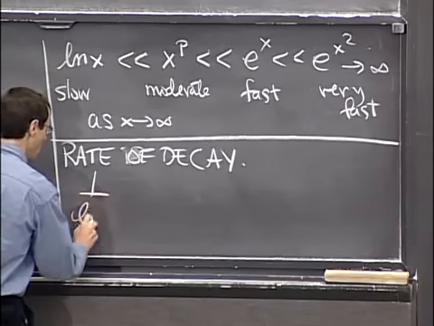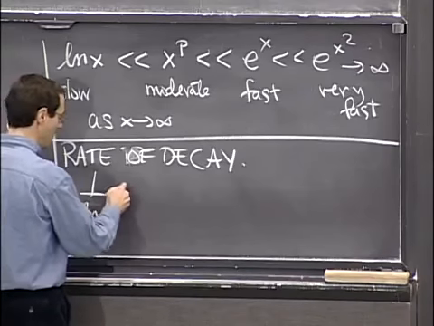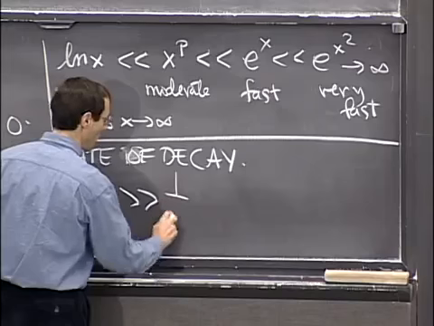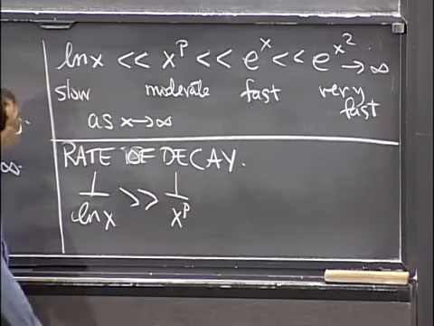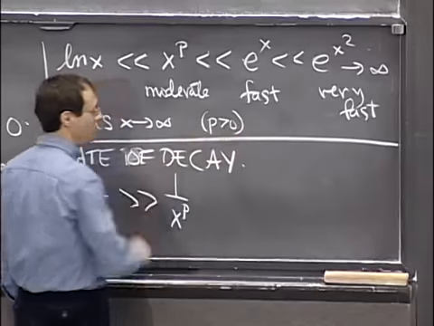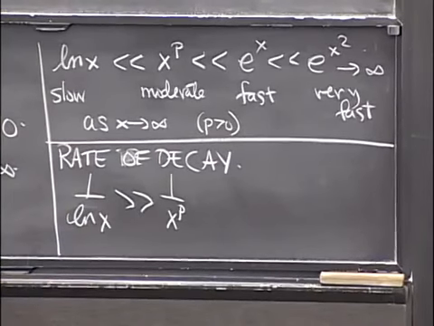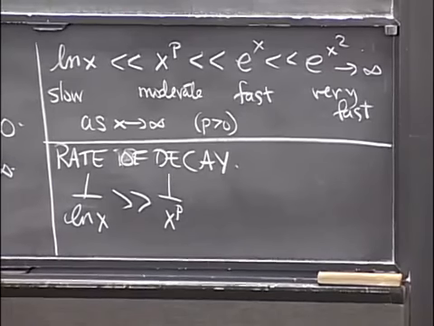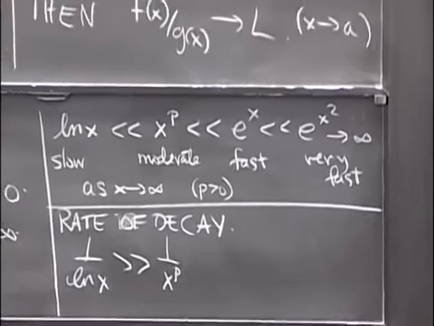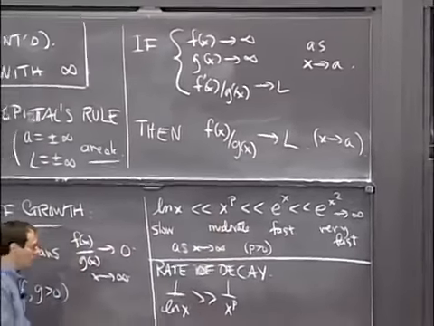So 1 over log x tends to 0, but rather slowly. It's much bigger than 1 over x to the power p. Oh, I didn't mention that this exponent p is meant to be positive. That's a convention that I'm using without saying. I should have told you that. So think x to the 1/2, x to the first power, x squared. They're all in this sort of moderate intermediate range.